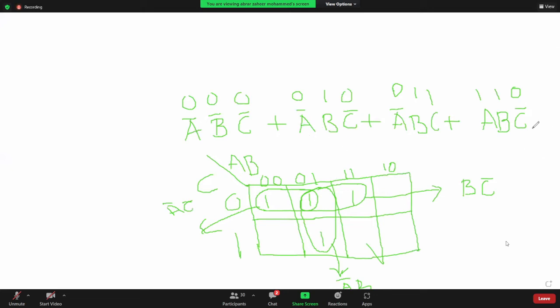The final expression will be A bar B plus B C bar plus A bar C bar. Okay. Got the answer? Yes, sir. Okay.